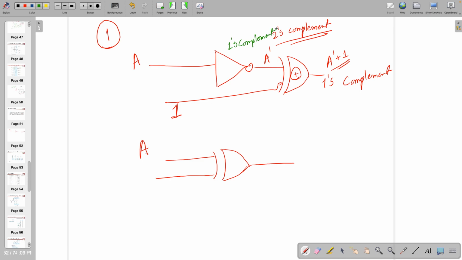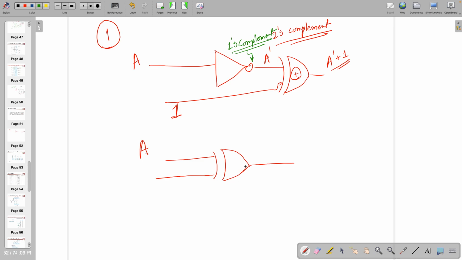Why not? One's complement is only for this one. I was writing something else there and it stayed there. Yeah, forum. This is fine, it will give 2's complement, right?